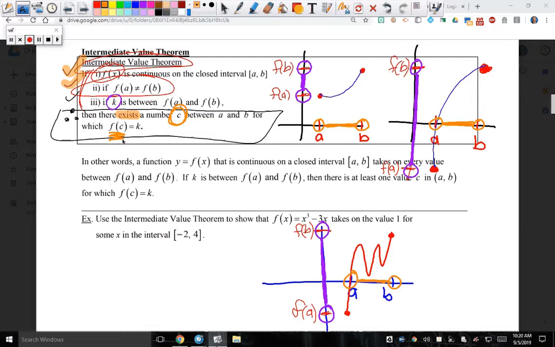Visually, let's say that K was right here. Let's say it's 5, so Y equals 5. You with me?